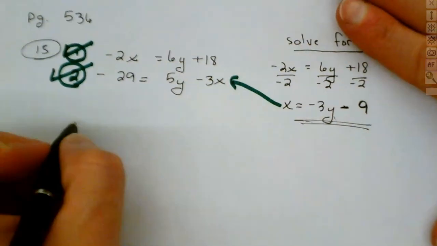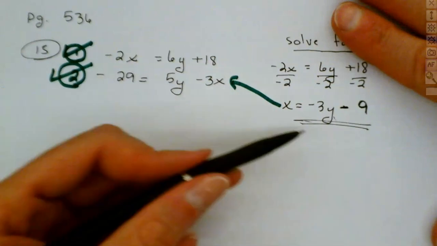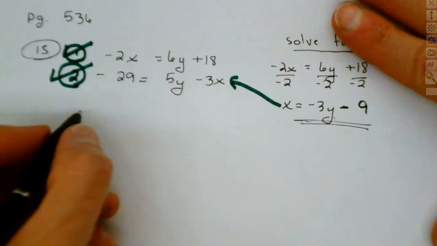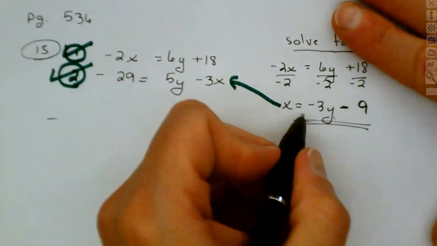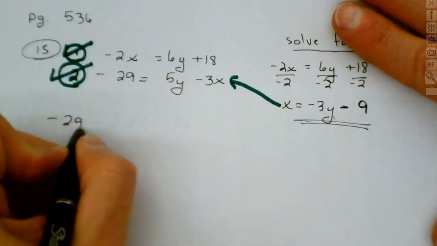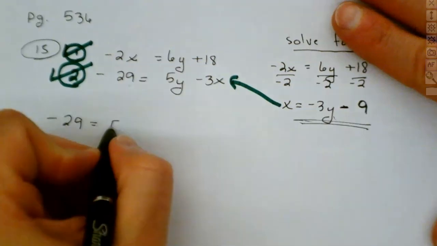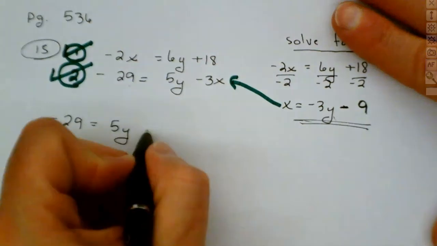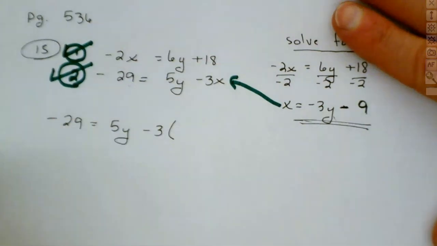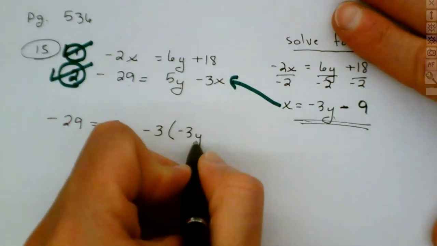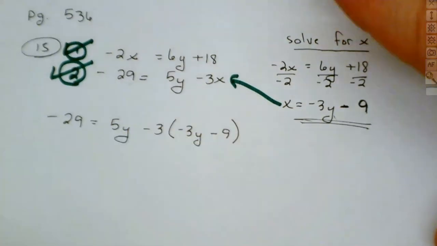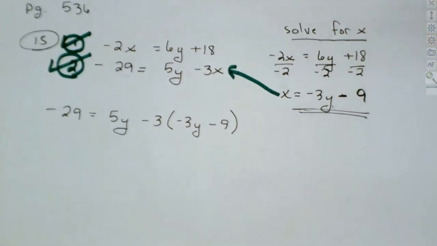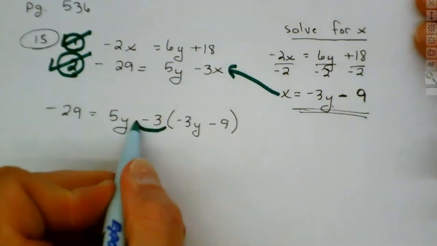Plug that in. So what do we now have? Not equation 3, sorry about that. So that goes into equation 2. So what do we have if we plug in that x? Well, we've got negative 29 equals that 5y minus 3 times negative 3y minus 9. And now we know what to do, because now we're down to one variable.